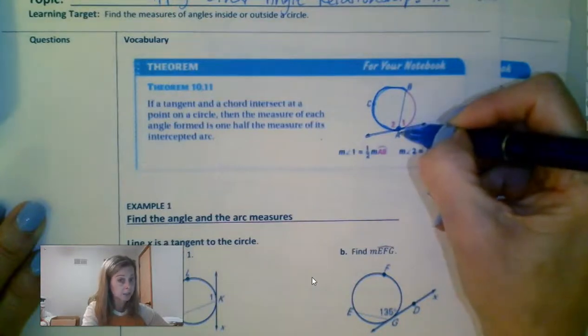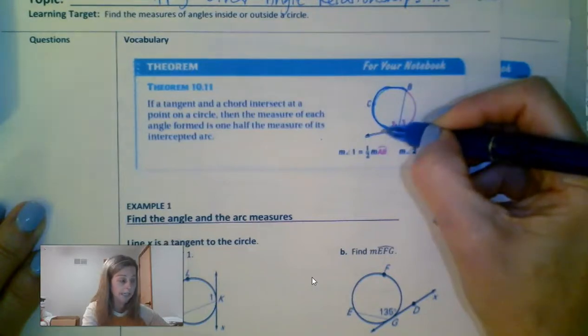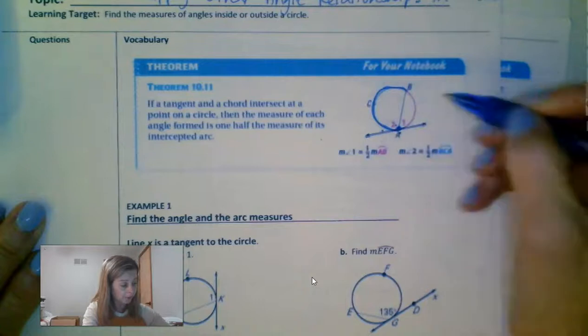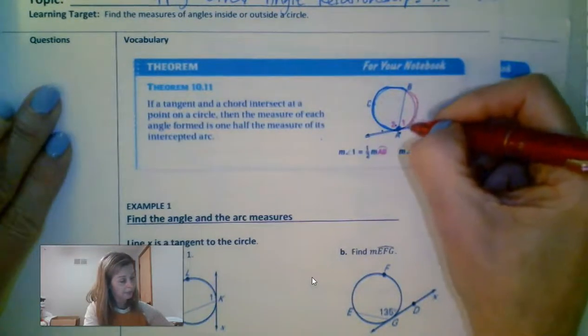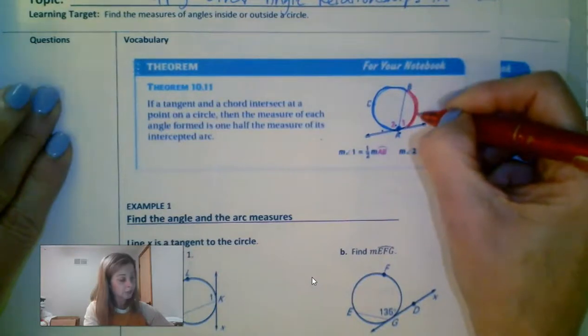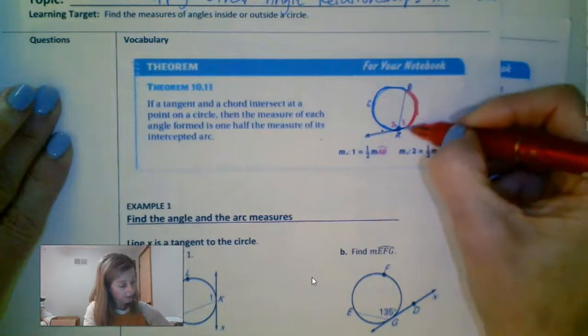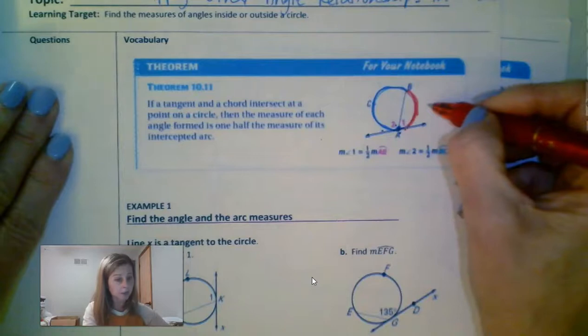So what this theorem is saying is that number 2, the angle measure here is half the amount of the arc. All right? On the other side, let me do red. This is the intercepted arc that creates angle 1. So the arc itself is, the angle is going to be half the amount of the arc.